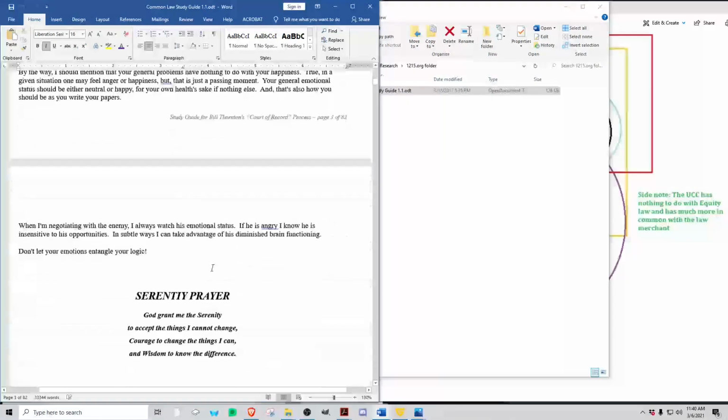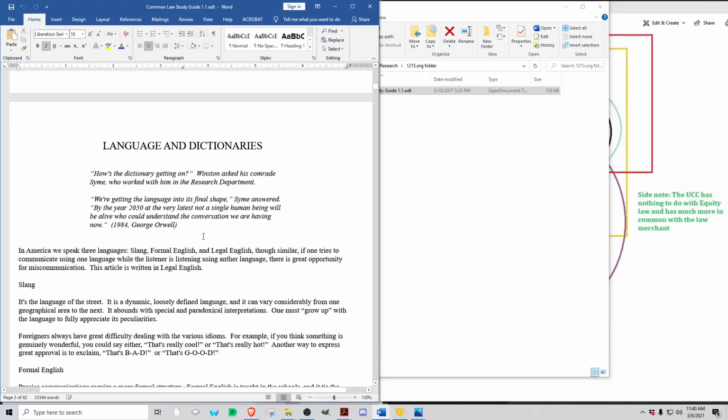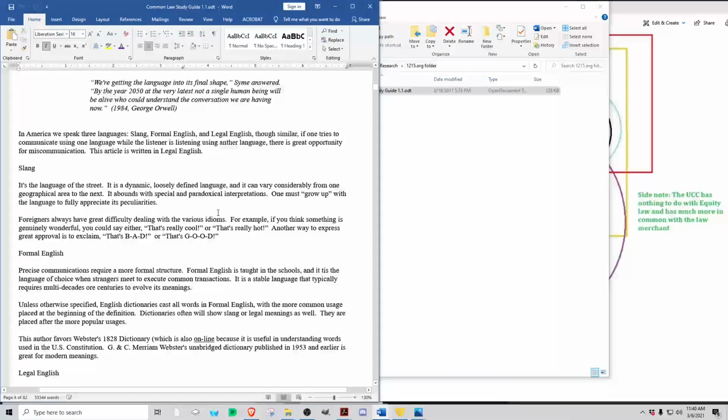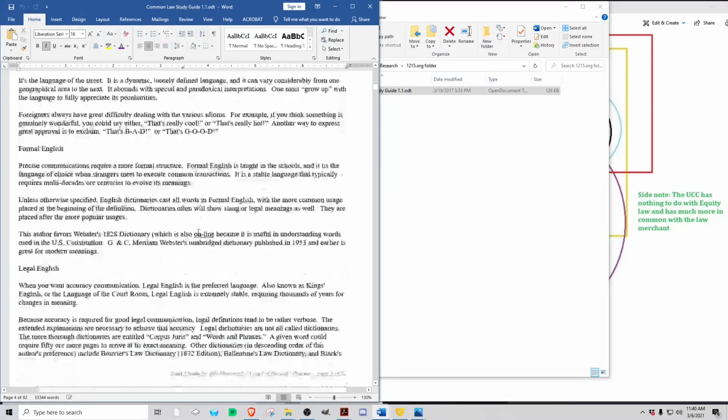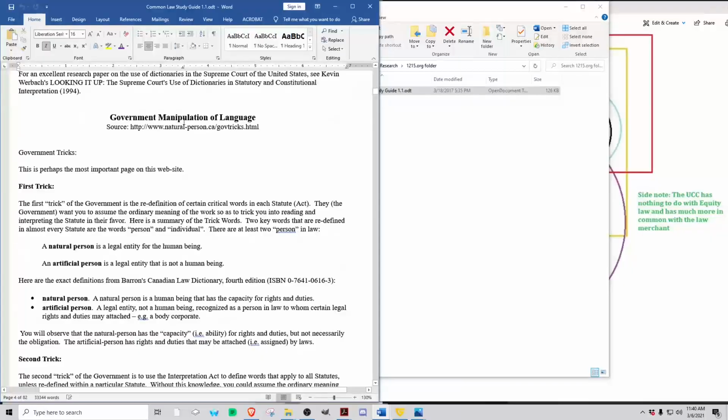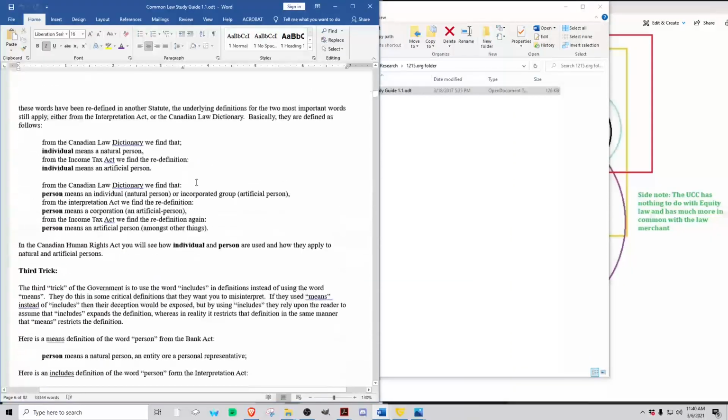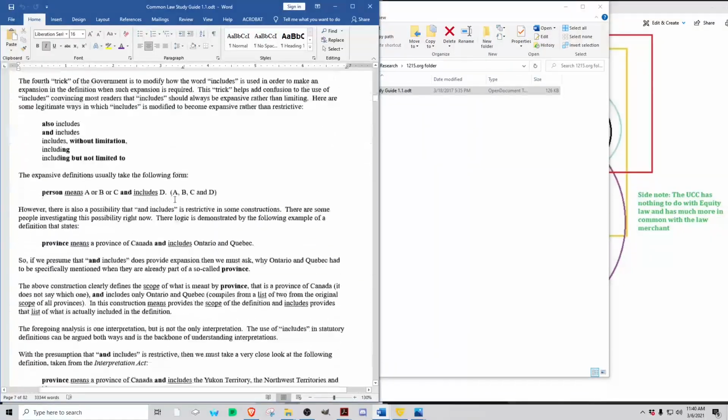So it's basically all the various different teachings that Bill has put up on 1215.org, all in one document, so you can just read it straight through. They're all with the same headings. Nothing's been changed. I haven't altered anything. Everything's exactly how it is on his site.